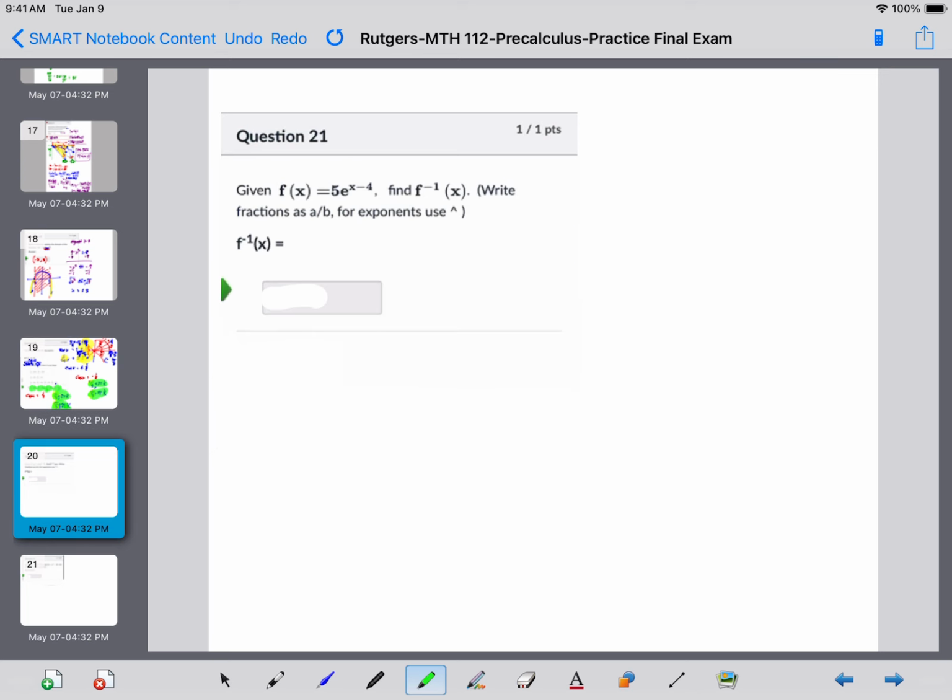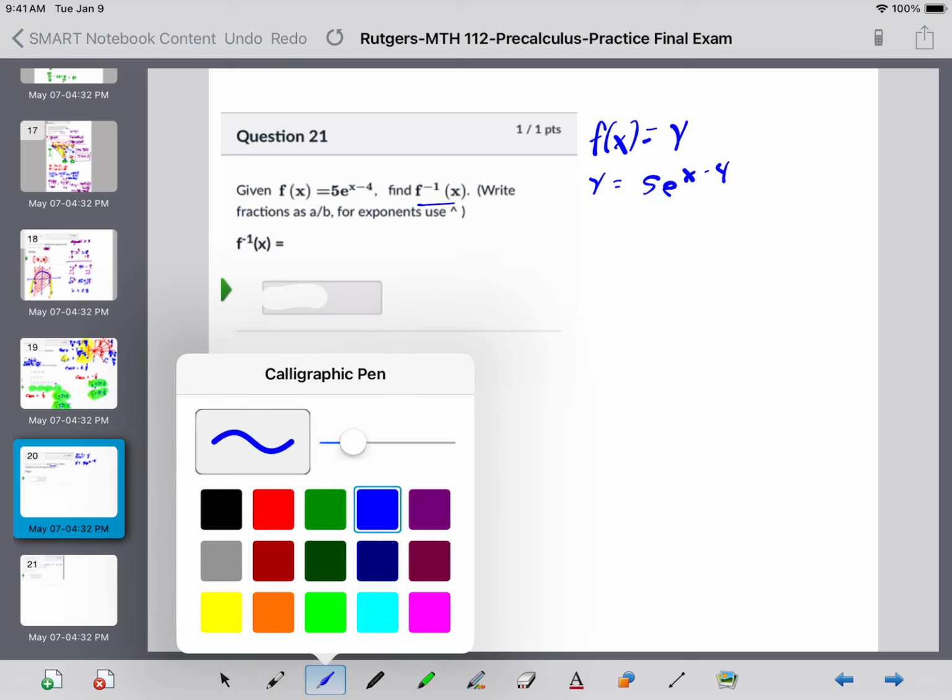Question 21. We are given this. We want to find the inverse. The first step to finding an inverse is switching x and y. So personally, I like to define f of x as y. And then just writing it. y equals 5 times e to the x minus 4. This step is optional.